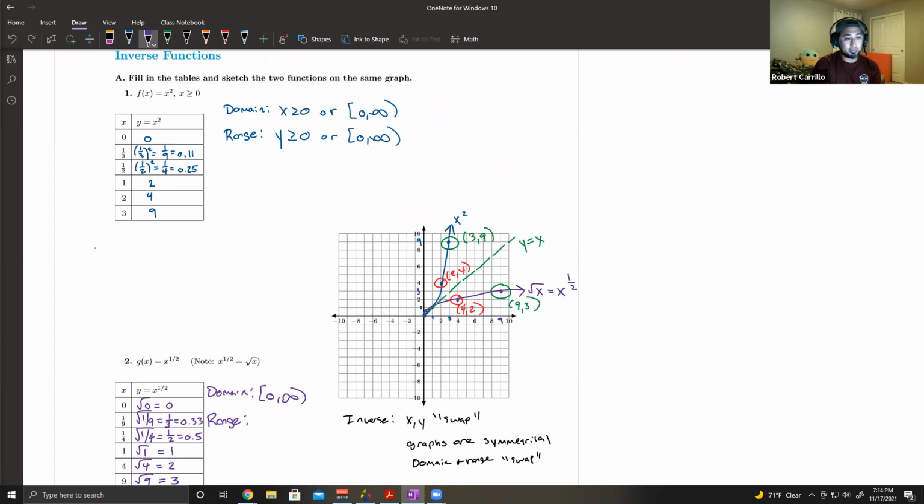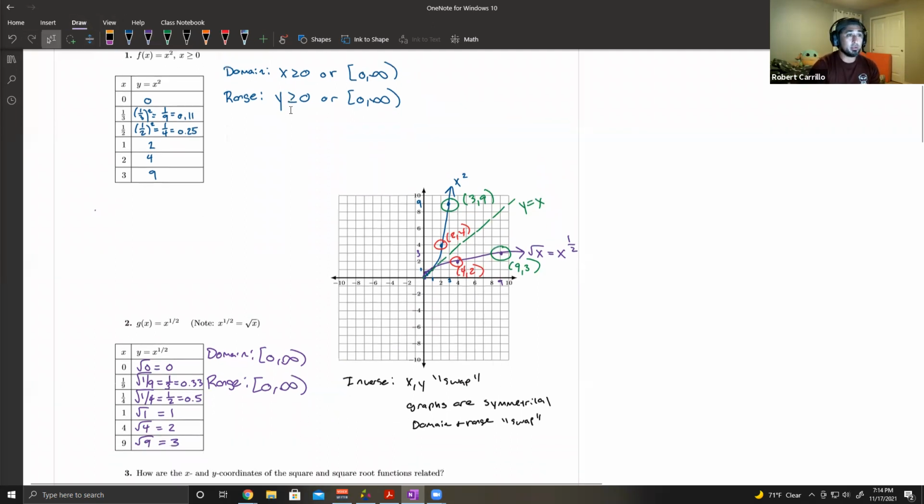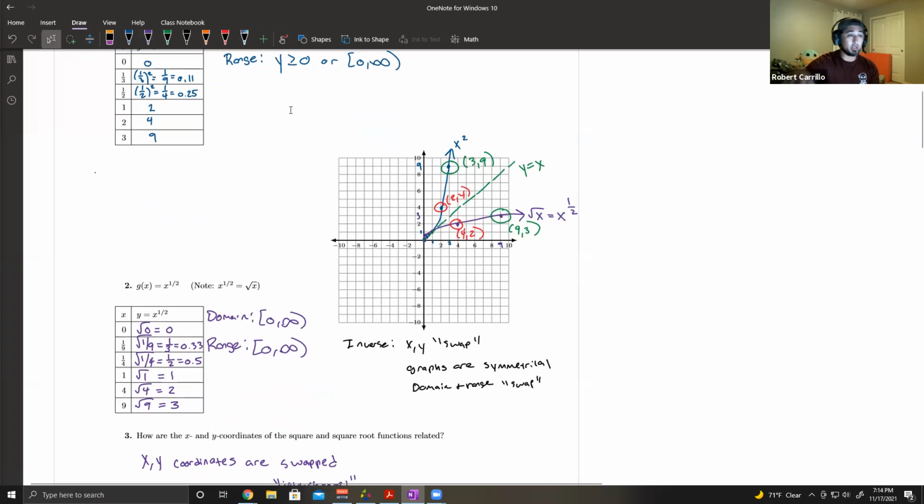But in this case, it's not fun because our domain and range is exactly the same. Okay, so those are characteristics we look for when we get inverse functions. Okay, everybody good with that page?